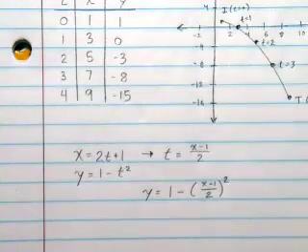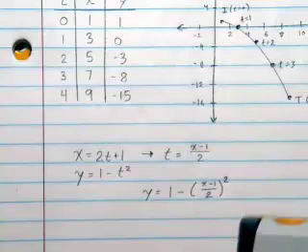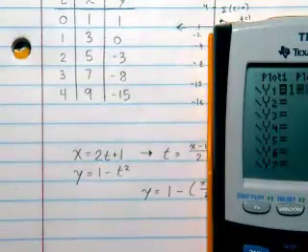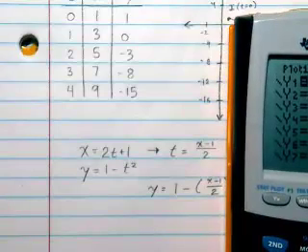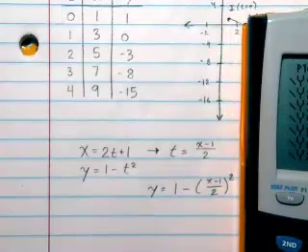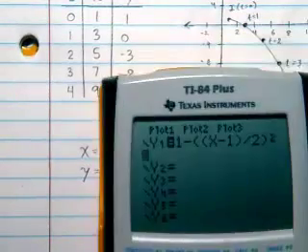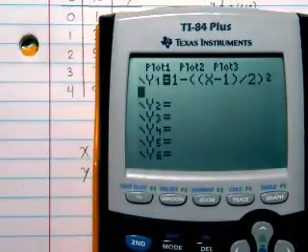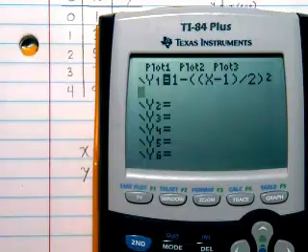I will do the same. All right, so 1 minus. And be careful about how you type it in, because it can be a little bit tricky with the parentheses. It's 1 minus x minus 1 in parentheses over 2, and then that whole thing in parentheses squared.